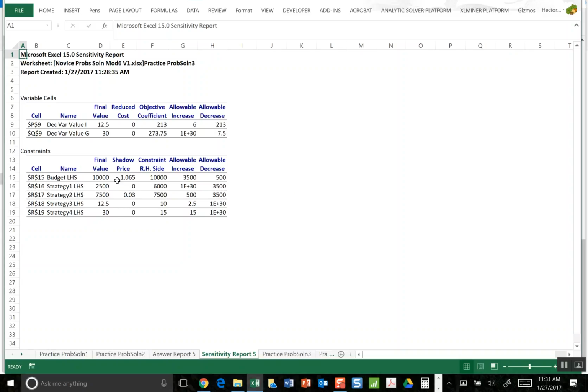1.065. Why is that? Well, because we would buy a fractional amount of the decision variable I. Why? Well, because that's one we have left. That's one that we won't break the constraints over. We cannot buy an additional value any more than 30 units of G, so that is fixed.